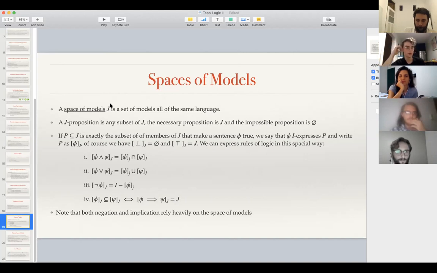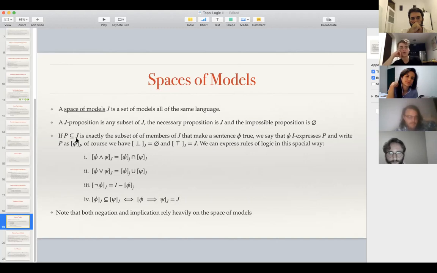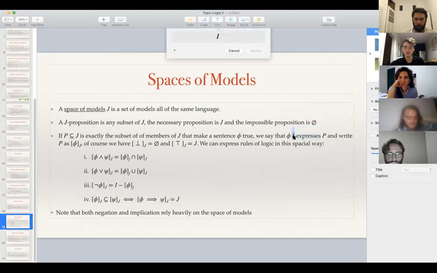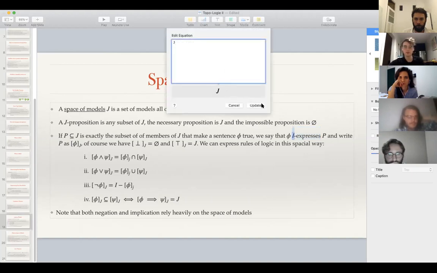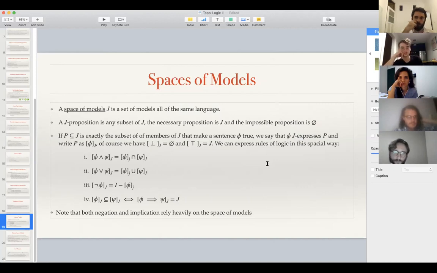Okay, that's familiar. So if a subset P of J, a bunch of models, are the models that make some sentence phi true, then we say that phi is going to J-express the set P. And we write it like this.